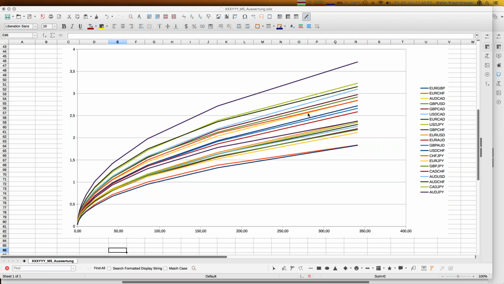So that tells us, okay, if we want strong movements, we should prefer Australian dollar versus Japanese yen, because then we have the highest value of movement at all. So movement means in whatever direction, but it's a high movement. So we have strong moves.